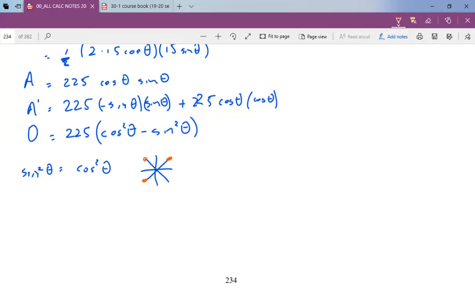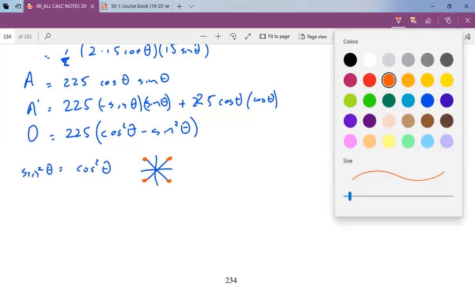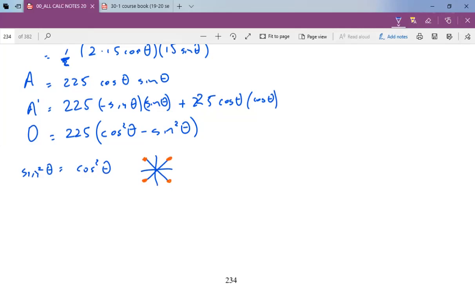But when we square root both sides of this equation, we end up with sine theta is equal to plus or minus cosine theta. That means the signs are either the same or different, so it's all four of those points. Therefore theta is equal to pi quarters, 3 pi quarters, 5 pi quarters, etc.